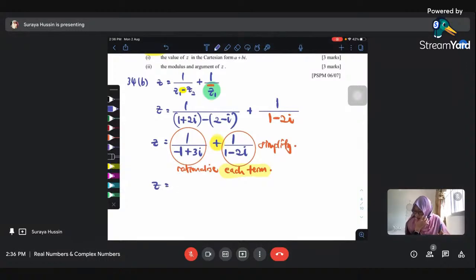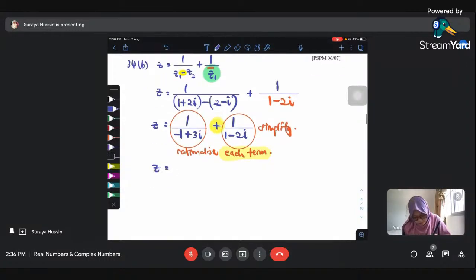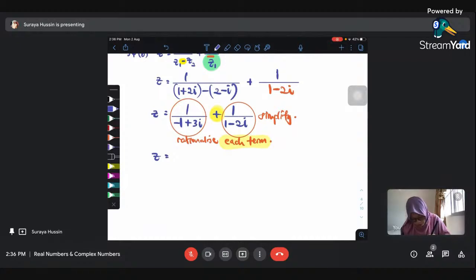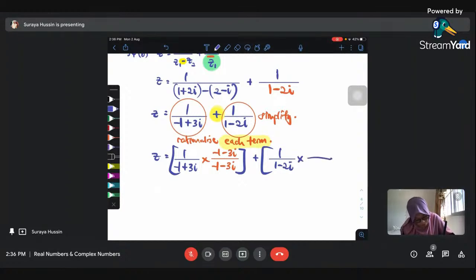Okay. So, I want you to do it by yourself. Or I just will write down 1 step only dekat sini. So this is our first term. While the second term, should use orange color. 1 minus 2i, 1 minus 2i.